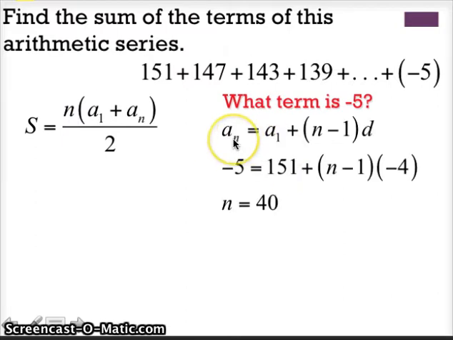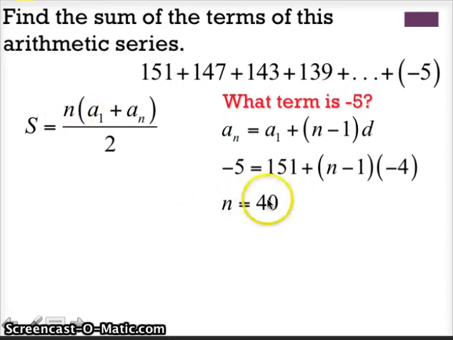Okay, we're going to use this formula, and when we plug in the common difference to be -4, going down by 4, the first term is 151, and that an is -5, we find out that -5 is the 40th term in the sequence.